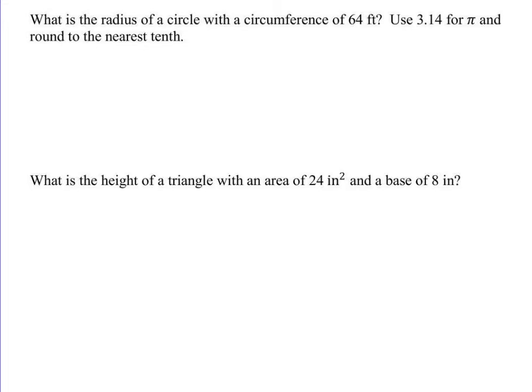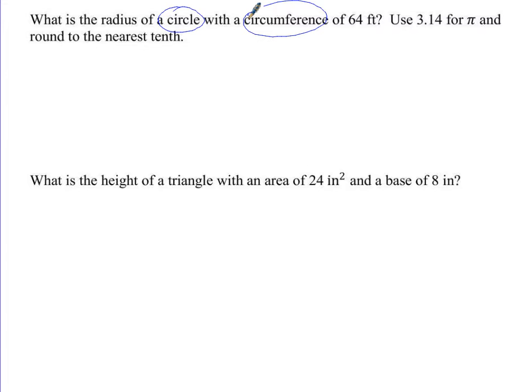What is the radius of a circle with a circumference of 64 feet? Use 3.14 for pi and round to the nearest tenth. So all of those directions right there we're going to have to follow, but we want the radius of a circle with a circumference. So circle and circumference, tell me what formula I need to use.